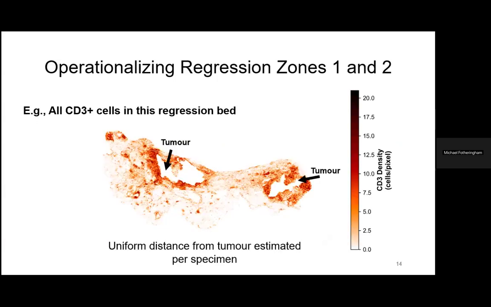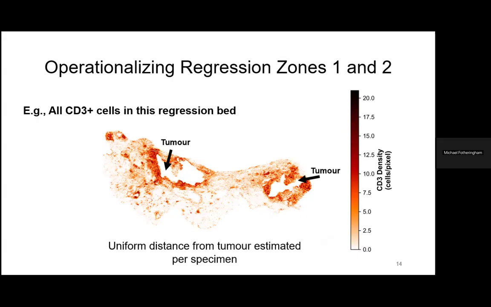So here's how I started. This is a heat map of all the T cells in the regression bed of a given sample. Where it's darker, it's more dense, and you can see that around the tumor, there is a thick band of dense infiltrate. This is our zone 1. As we look out to the other section of tumor, you can see it's approximately uniform all around the tumor.